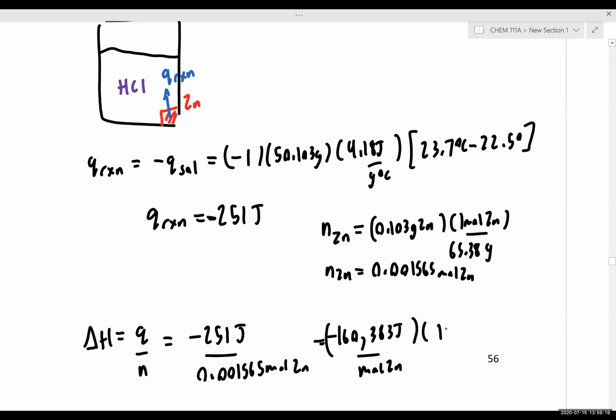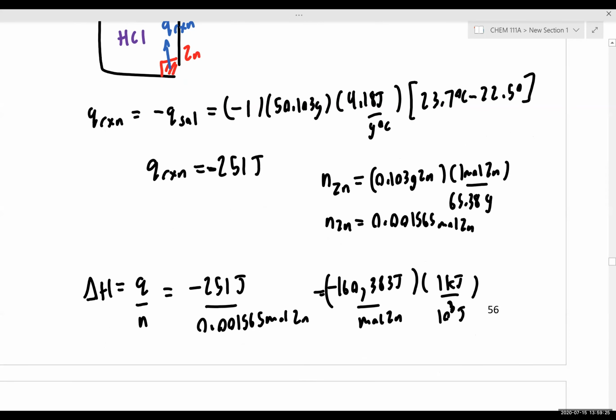And we know that we have 1 kilojoule, we have 10 to the third joules. So that gives us, oh, this should be 1575. Yep, that looks right.